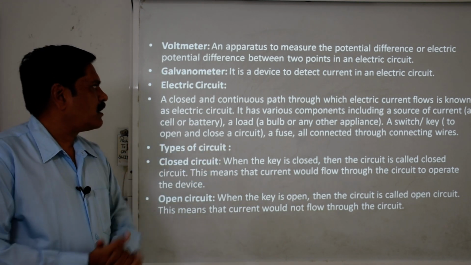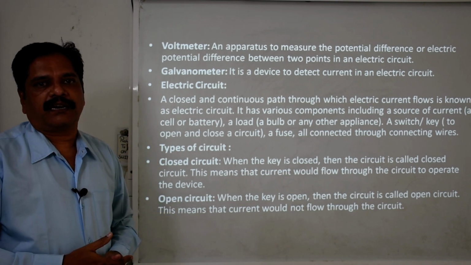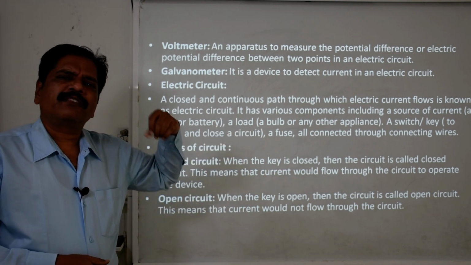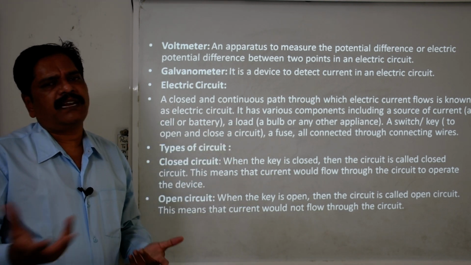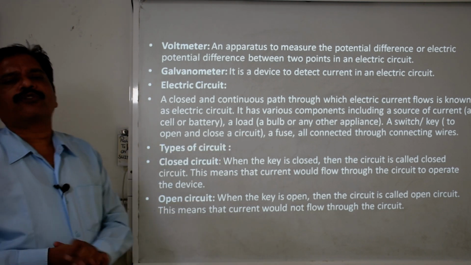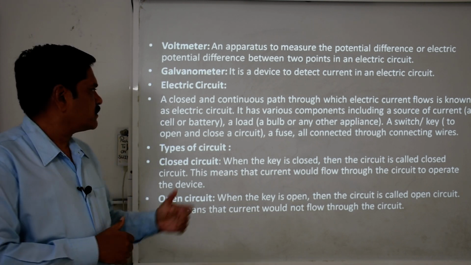Clear? Then a load, which consumes this electric current. It is compulsory. It may be in the form of a bulb, any resistor, any electrical appliance or whatever is there. And a switch, or what you call the key, to switch on and switch off the circuit.